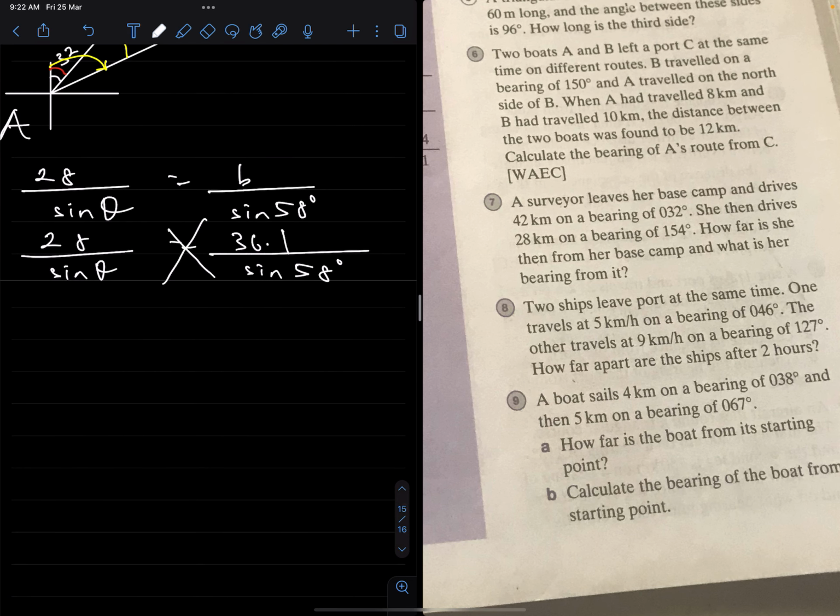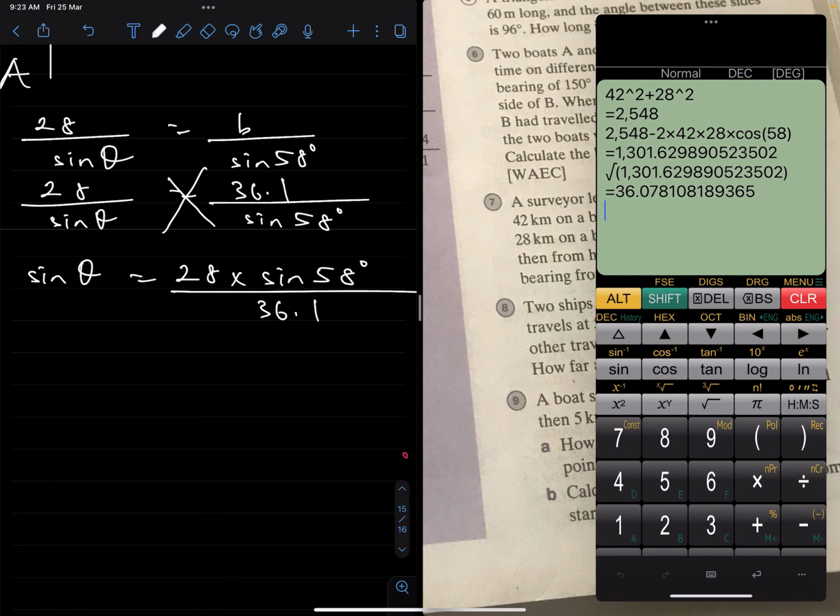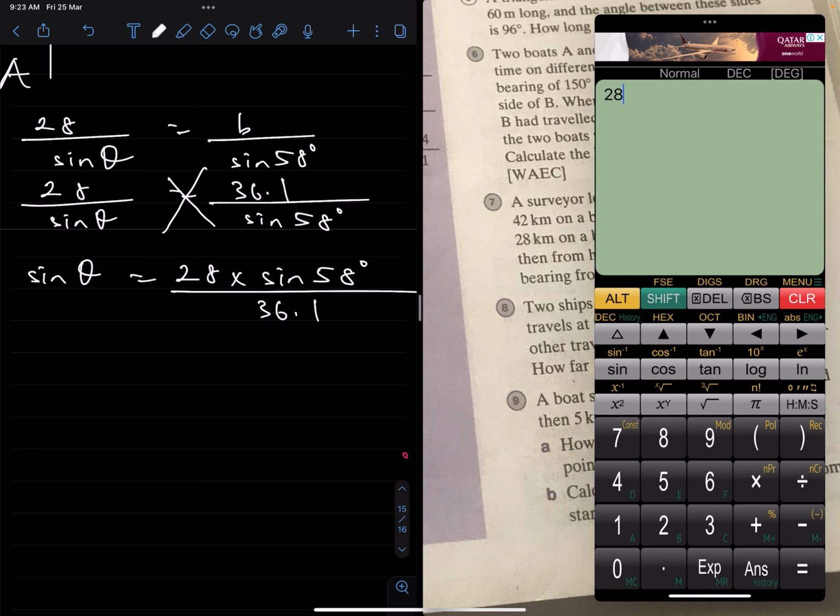And when I cross multiply, that simply means sine theta equals 28 times sine 58 degrees over 36.1. That's what you get when you make sine theta the subject after cross multiplying. So that's 28 times sine 58 degrees, divided by 36.1.